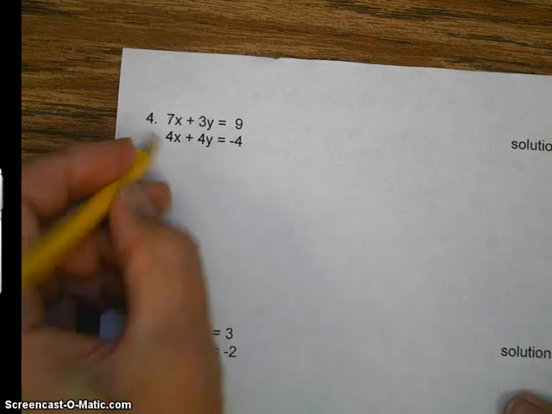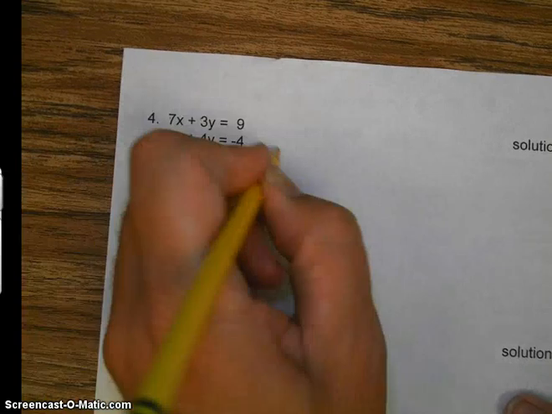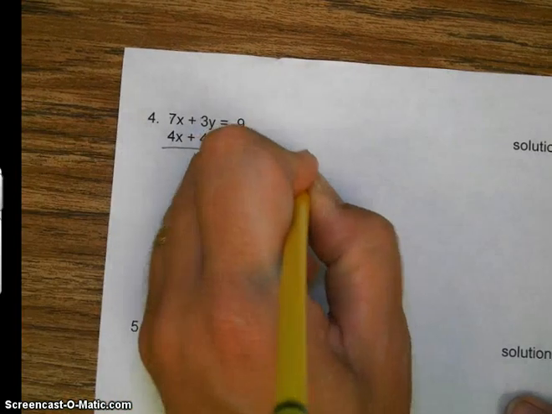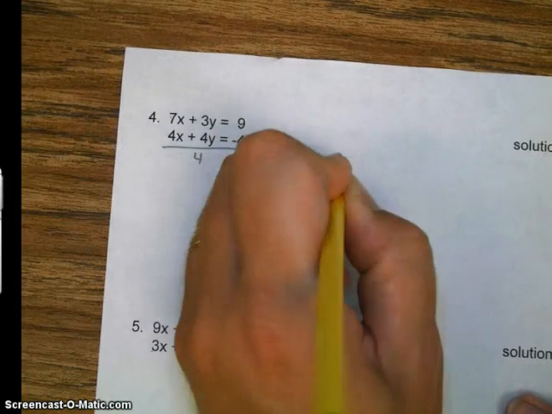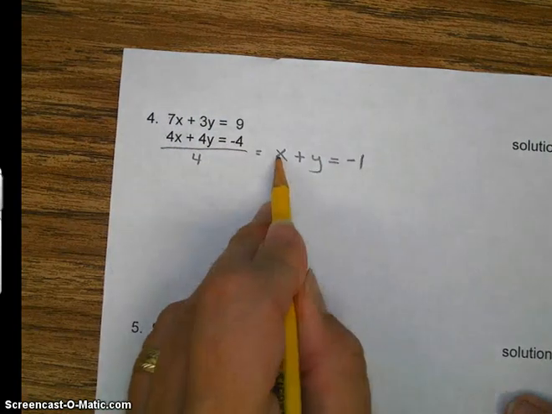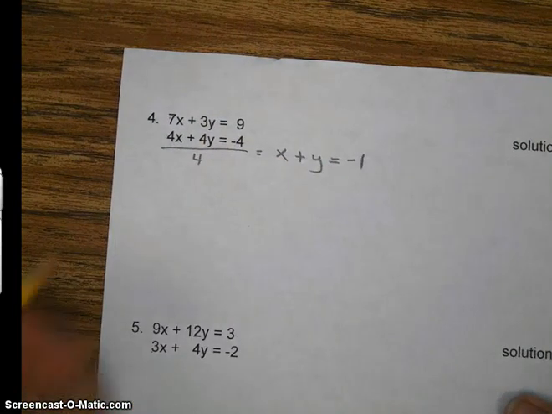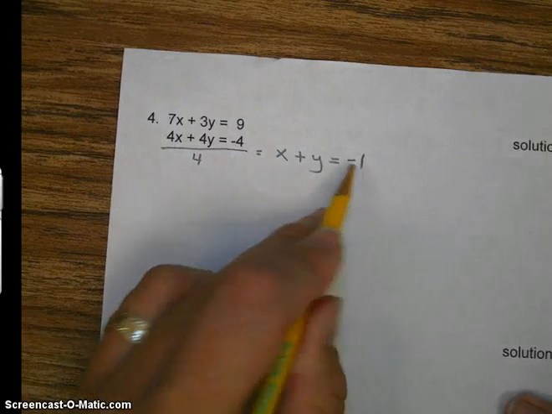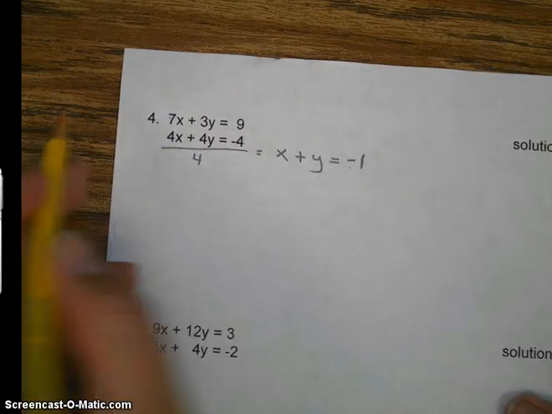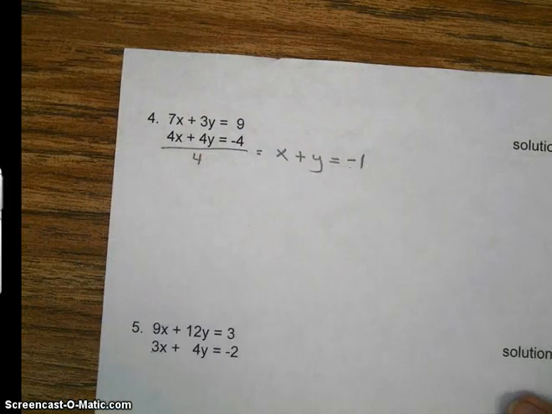So I just want you to know that this is okay. This is called simplifying an equation. This equation and this equation are the same. This is a simplified version of this. If you were to graph this line and you were to graph this line, you would get the same line.